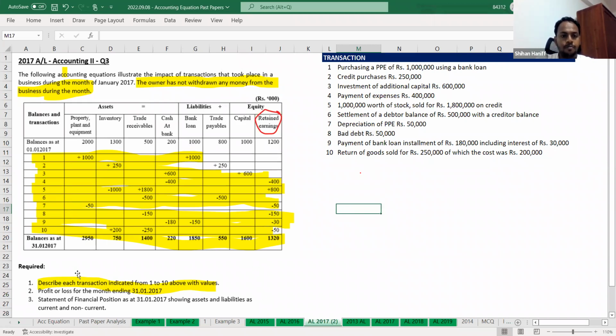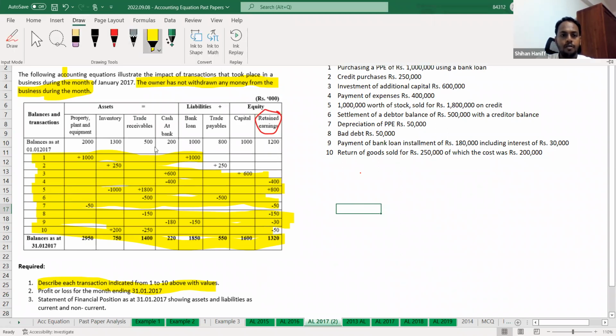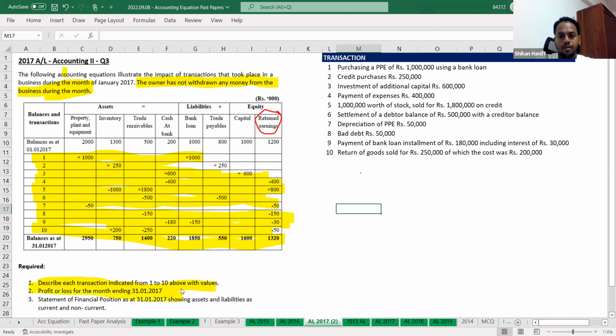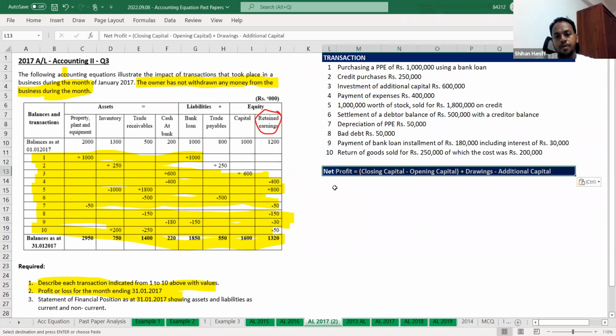Number two, profit or loss for the month ending 31st January. Profit or loss. How do we calculate? So normally we calculate using the net profit equation.